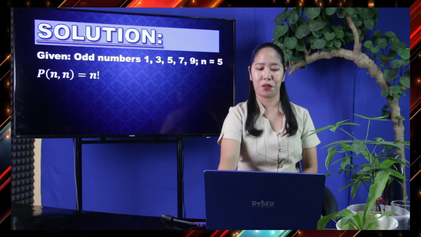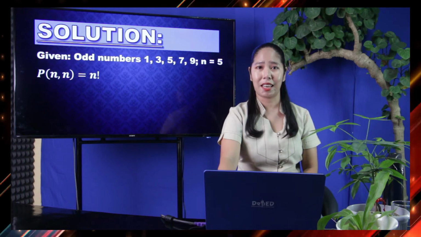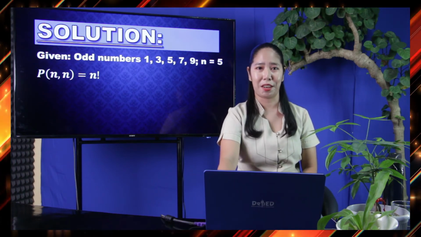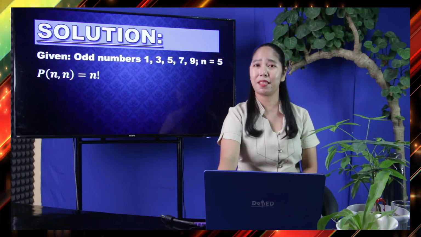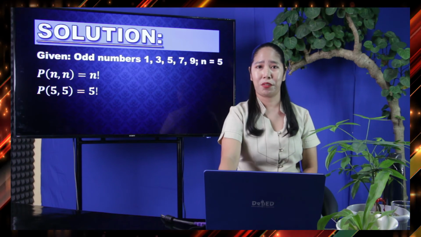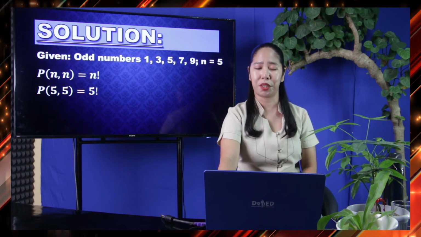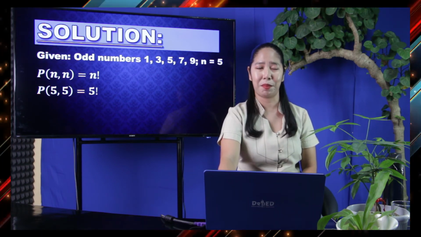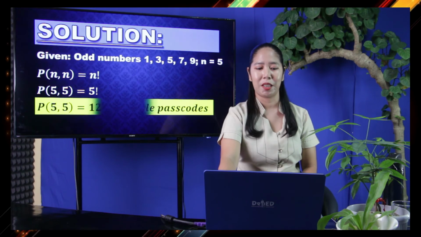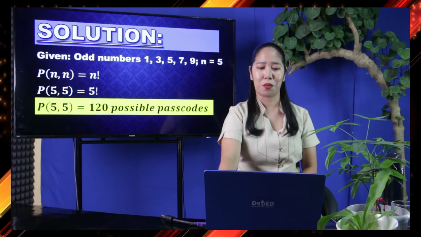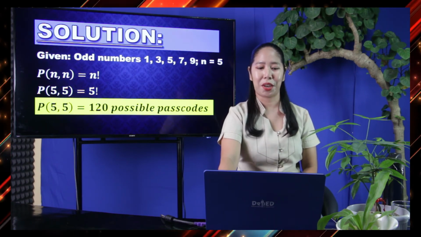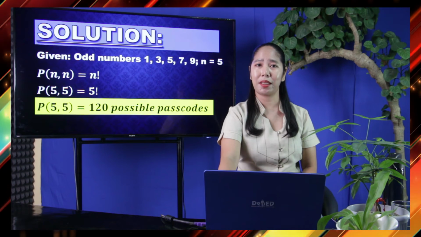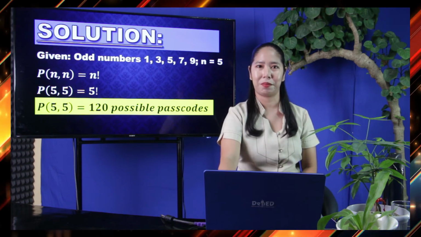The permutation of n objects taken n at a time is equal to n factorial. So replacing n by 5, we have the permutation of 5 numbers taken 5 at a time equals 5 factorial, and 5 factorial equals 120. Therefore, there are 120 possible passcodes.